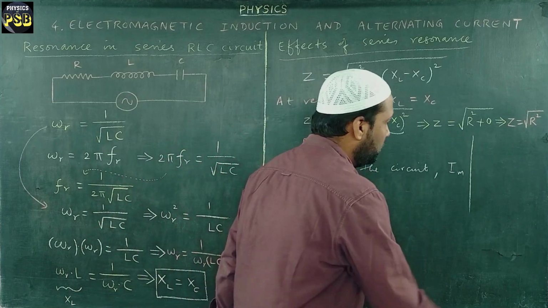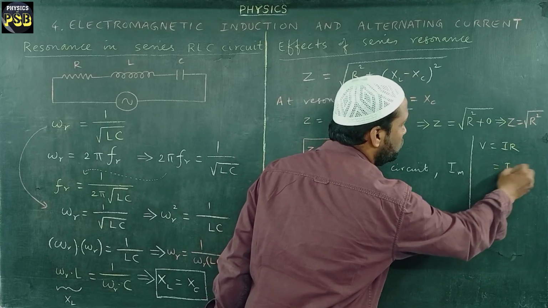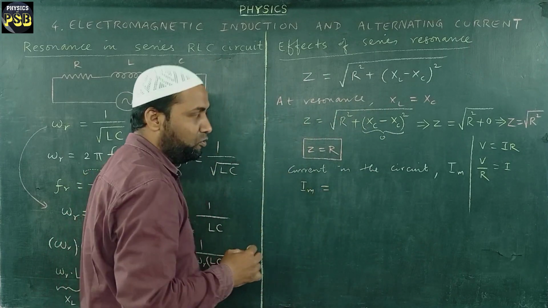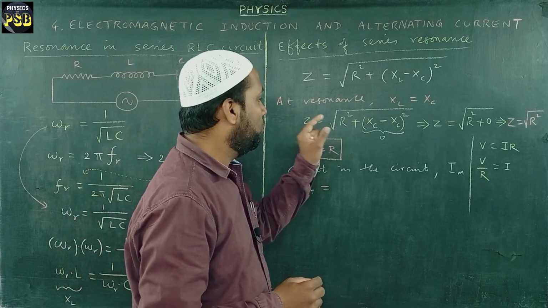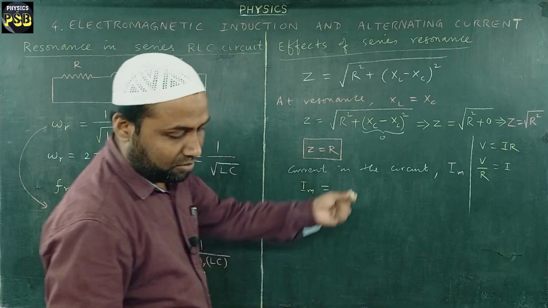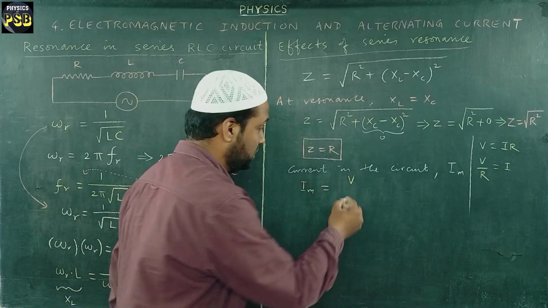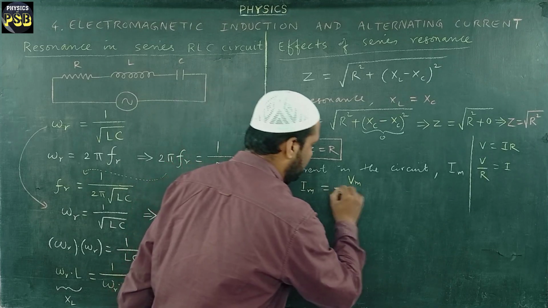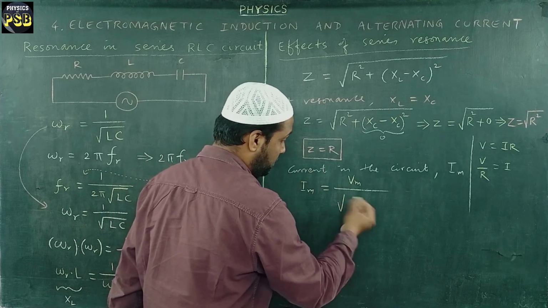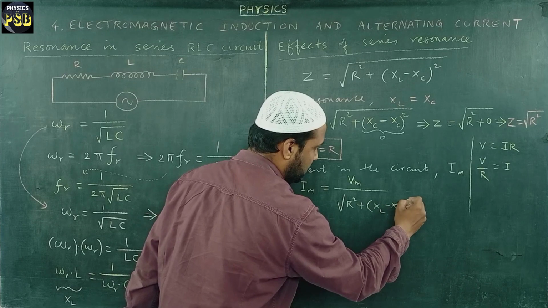Now we know Ohm's law, V equals IR. From this, I equals V upon R. Similarly, IM will be obtained if we divide the voltage by the resistance, which in our case is the impedance. So the maximum or peak voltage is taken as Vm and divided by the impedance, that is root of R square plus (XL minus XC) whole square.